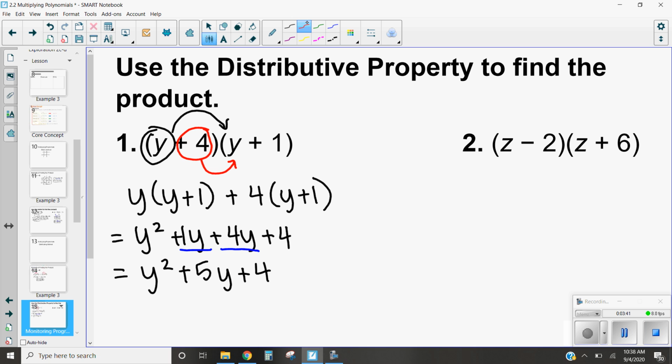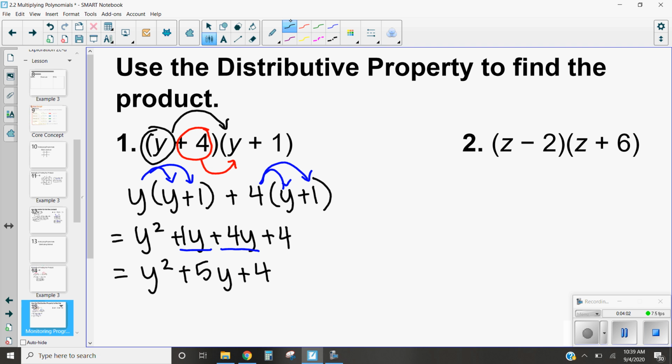Then I come down to this next step, and I distributed, so I did y times y and y times 1, and then 4 times y and 4 times 1, distributed it out. Then as I got those unique terms, I combined the terms that were alike. So remember, like terms have the same variable and the same exponent.